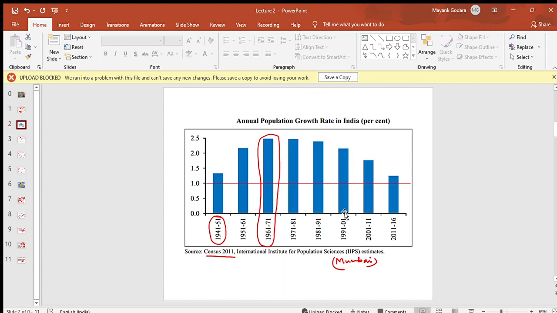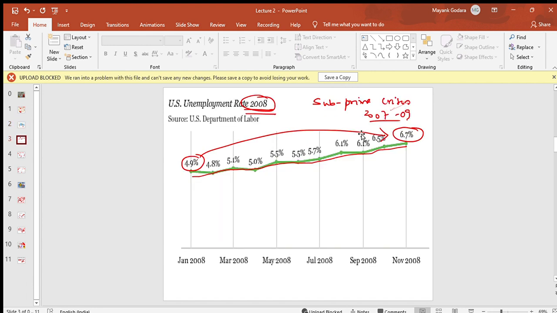So here is the annual population growth rate in India. You can pause and see. And here is the unemployment rate. You can see that the unemployment rate of the US increased from 4.9 to 6.7 in just 8 to 9 months due to the subprime crisis of 2007 to 2009.